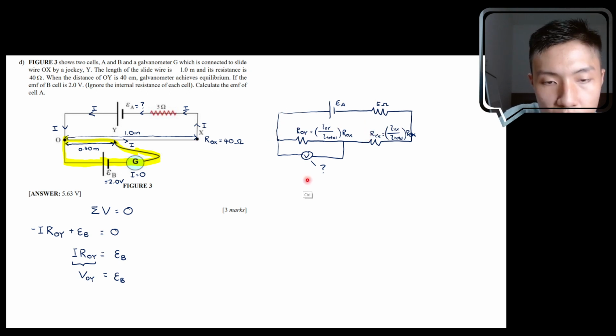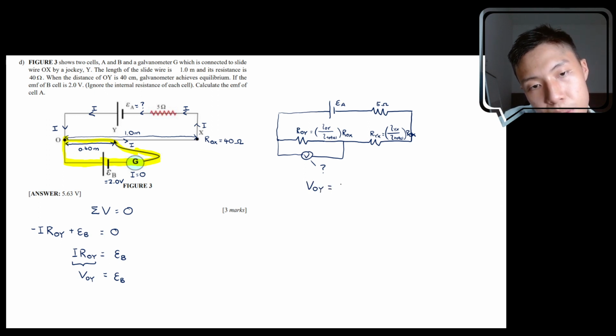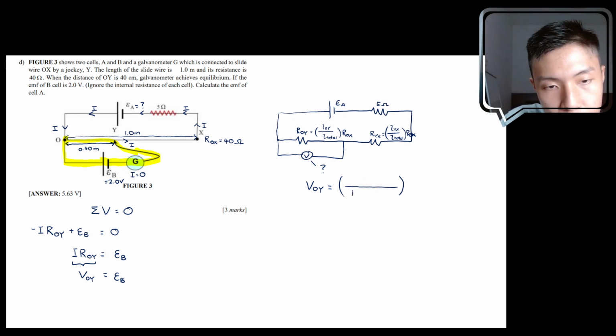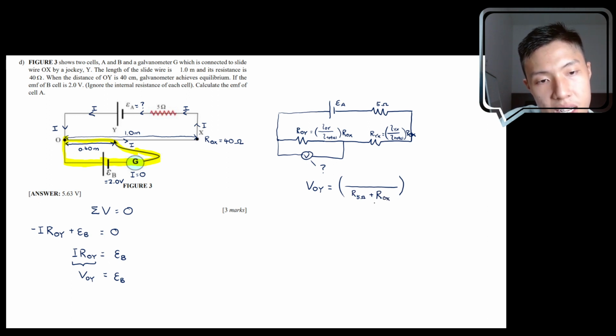Okay, so in order to determine VOY, if you use potential divider, you have to add up all the resistance in that path. And all the resistance in that path will be the resistance of the 5 ohm resistor plus the resistance of the whole wire, OX. Okay, so this is the wire.